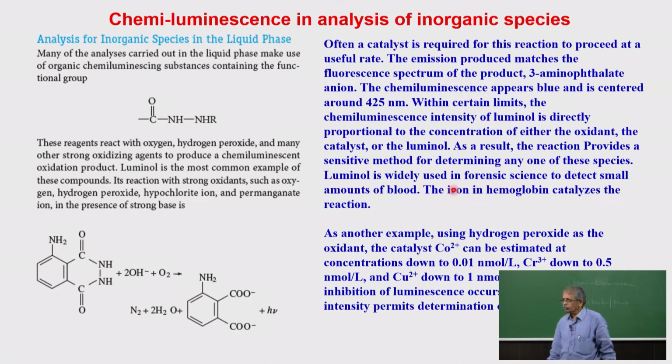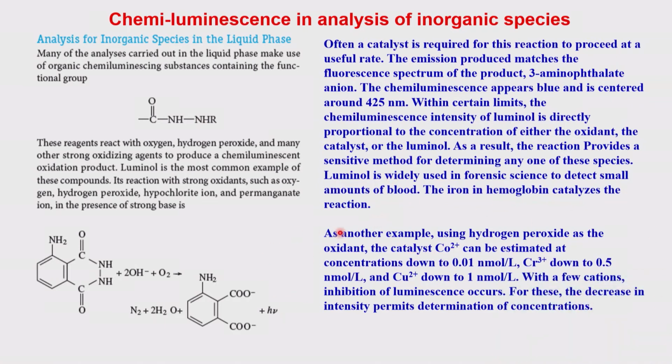Luminol is widely used in forensic science to detect small amounts of blood. The iron in the hemoglobin catalyzes the reaction, and it can also be used in another example shown here in the right bottom of this slide, using hydrogen peroxide as the oxidant. As I said, you can use hypochlorite, hydrogen peroxide, oxygen, many kinds of oxidative reagents.